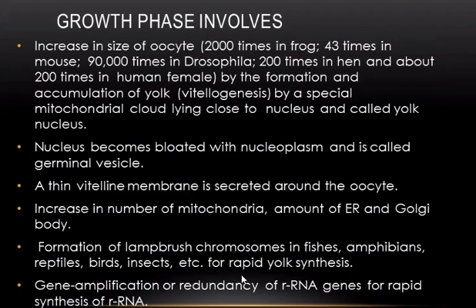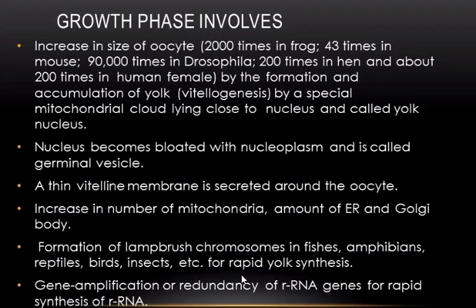This occurs by the formation and accumulation of yolk, called vitellogenesis, by a special mitochondrial cloud lying close to the nucleus called the yolk nucleus. The nucleus becomes bloated with nucleoplasm and is called the germinal vesicle. A thin vitelline membrane is secreted around the oocyte.